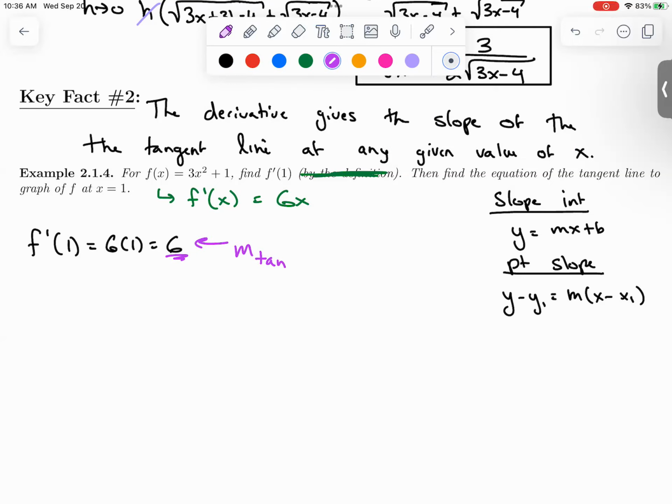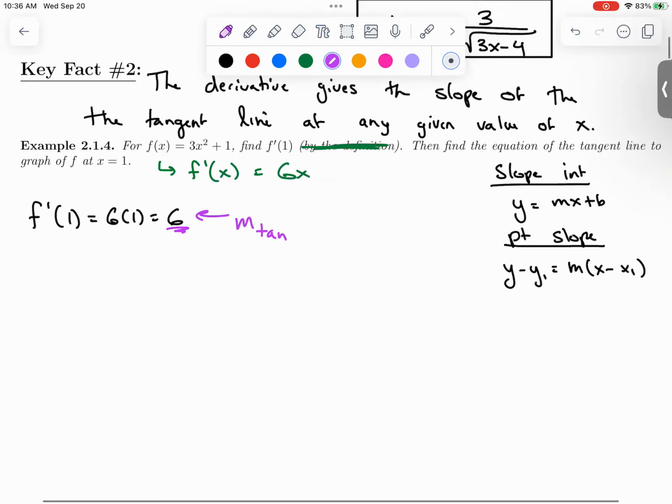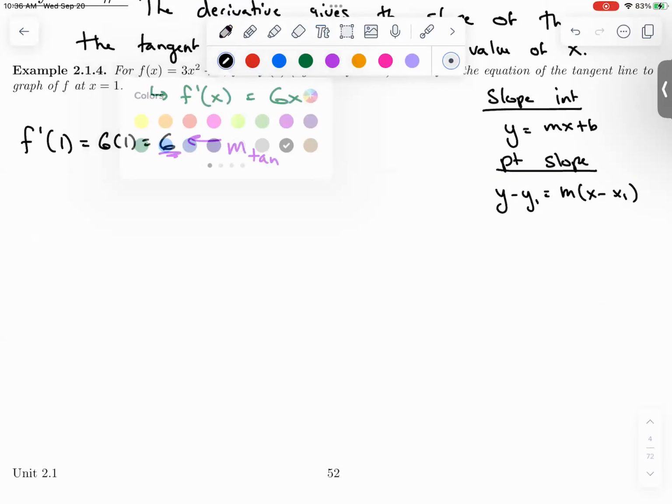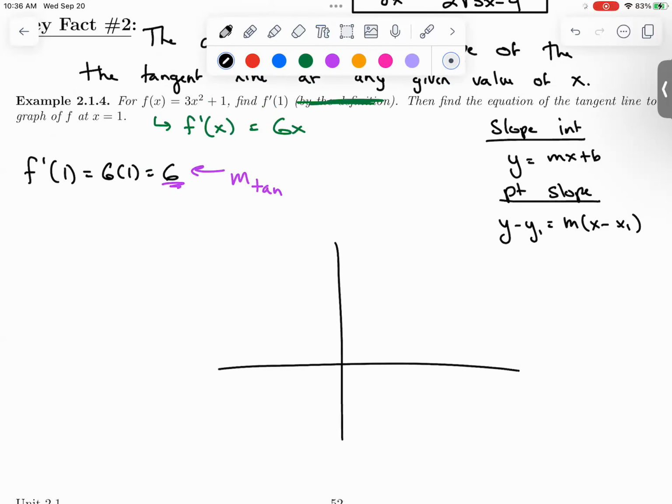So f prime of 1 is the slope of the line tangent to the curve of f at x equals 1. If I were to draw this curve, by the way, you don't need to draw this, but 3x squared plus 1 is a parabola shifted up 1 unit and vertically stretched by a factor of 3. It looks like this, right?